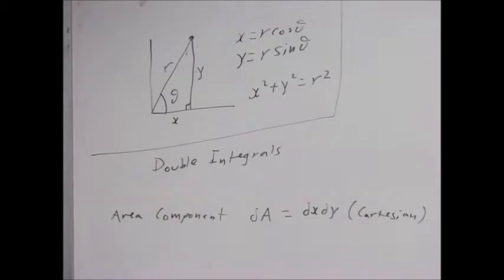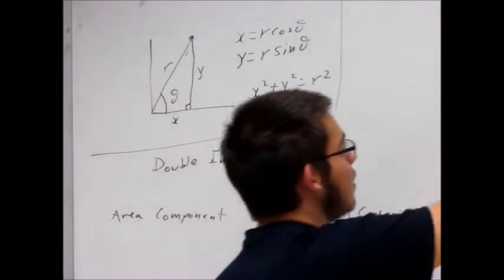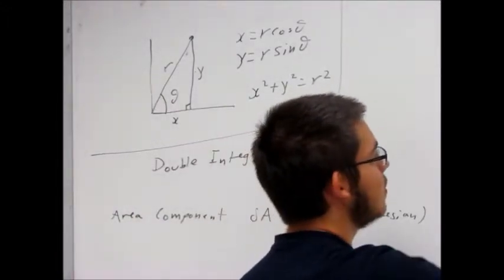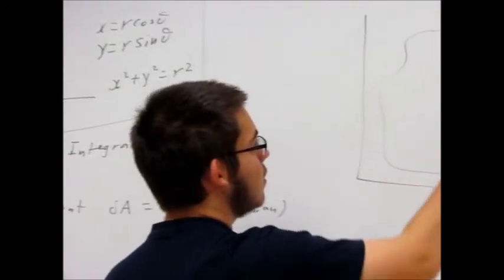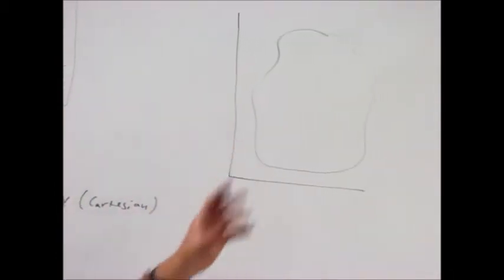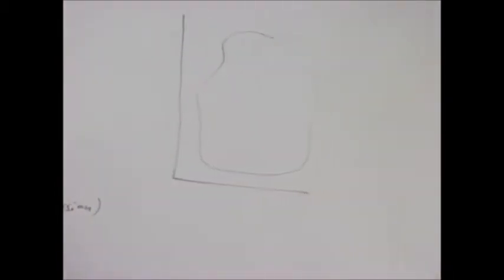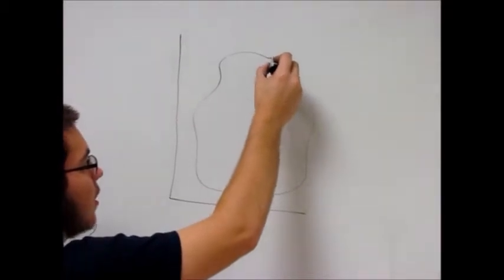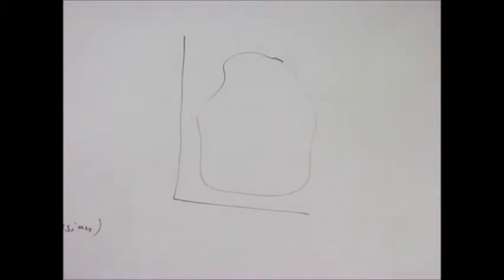So let's go back to our original motivation. We have a region. We want to slice it into smaller regions, but if we're in polar coordinates, we're probably not going to have rectangular regions like in Cartesian, where you get easy stuff like dx times dy.